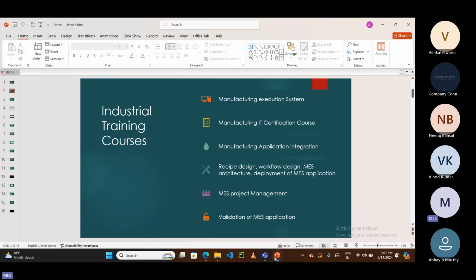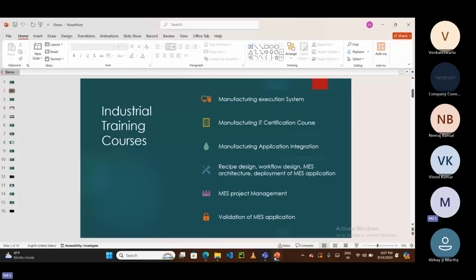Okay, so let's jump to the first slide. We have the MES training, manufacturing execution system training, and this training is not specifically for any application. We are not going to provide you application training. We are going to provide you this MES training, and then you will be able to work on any kind of MES application.